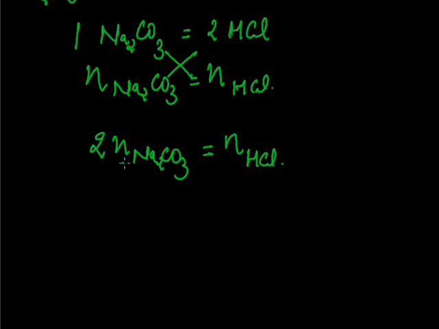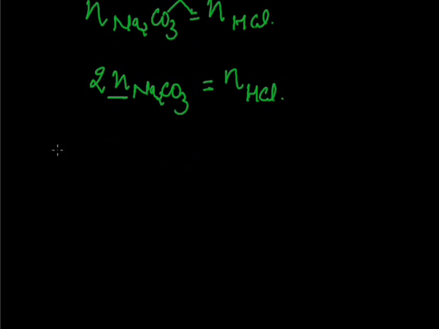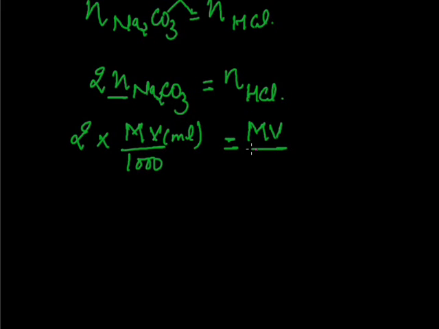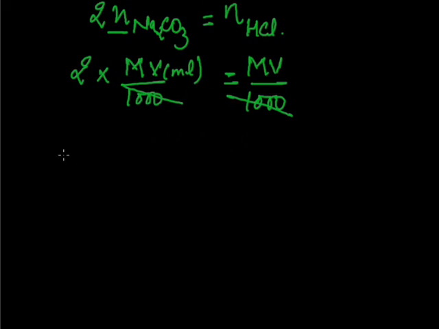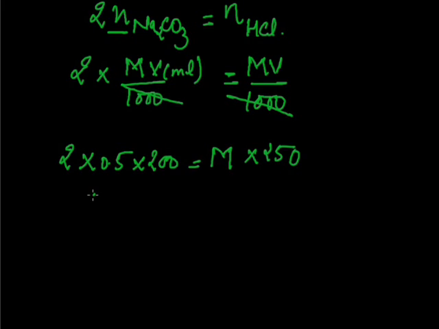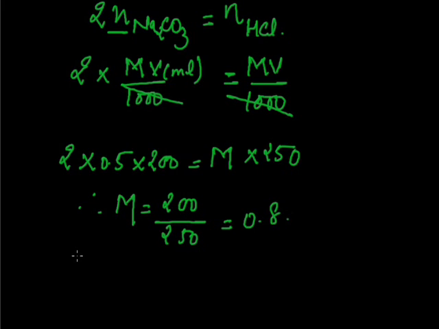Now again by using the molarity relation we can calculate the number of moles. 2 into molarity into volume divided by 1000. Here the volume will be in milliliters, and on the other side again molarity into volume divided by 1000, so we'll cancel out this 1000. Now 2 into 0.5 into 200 is equal to M into 250, therefore molarity is equal to 200 divided by 250, which comes out to be 0.8.